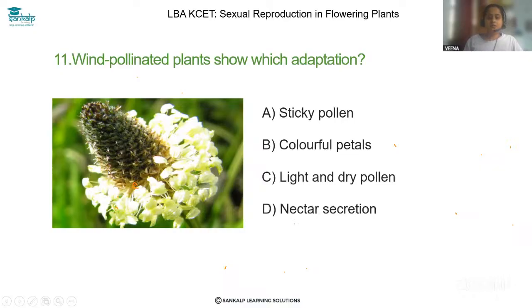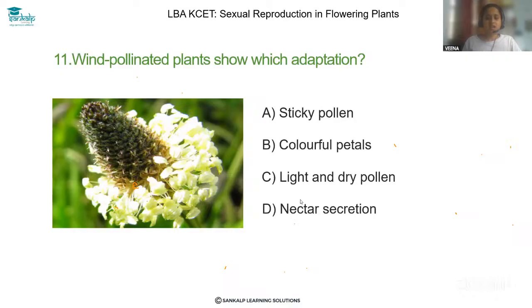If the plant is undergoing wind pollination, the pollen should not be sticky because midway it will get stuck, and there is no need of colorful petals because there is no need to attract any insect.